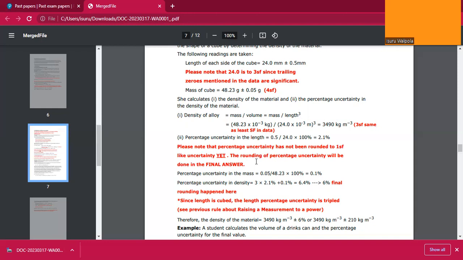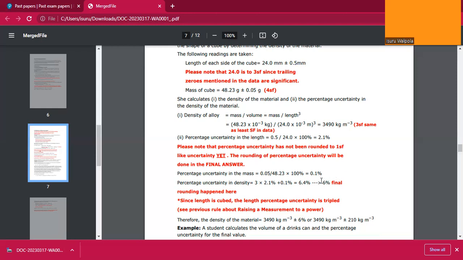In most cases, it is better to put the percentage uncertainty to the same number of significant figures as your uncertainty. Now, in all these cases, you can see the uncertainty is given to one significant figure. In this one also, one significant figure.